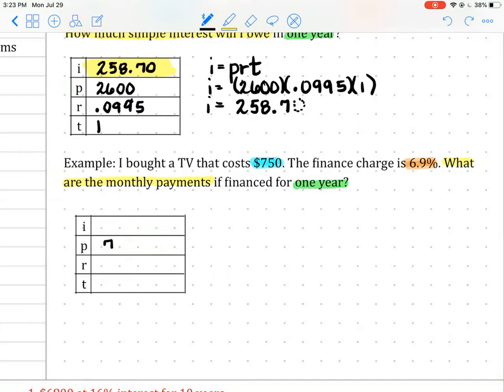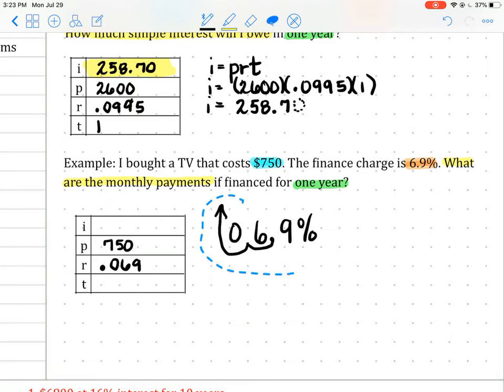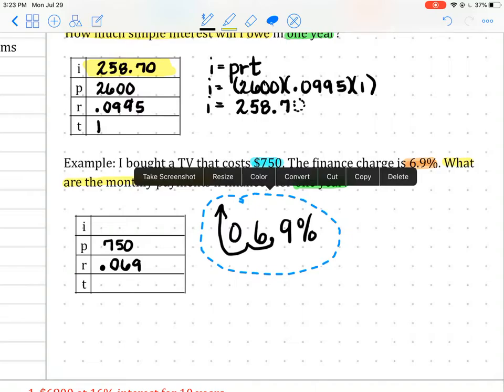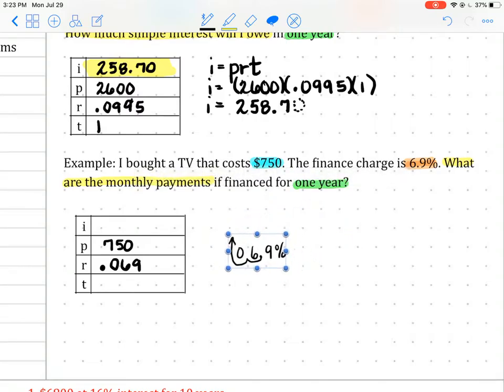So we know principal is $750. We know the finance charge, that's 6.9%. So we're going to say 1, 2. So we have 0.069. I'm going to leave that in here just in case you need to look back at that.